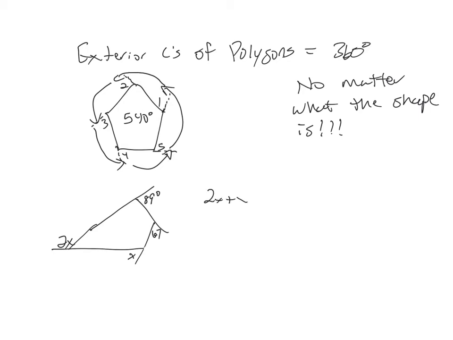So I'm going to do 2x plus 89 plus 67 equals 360, because it's all the way around.